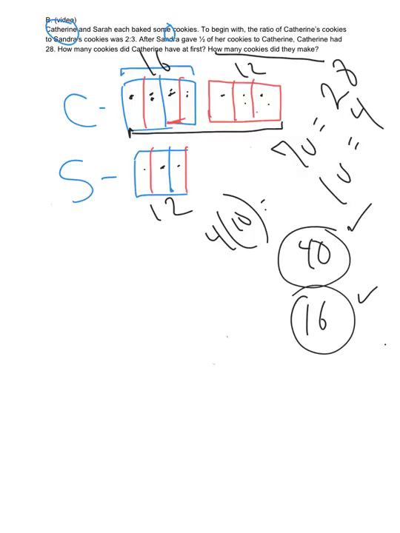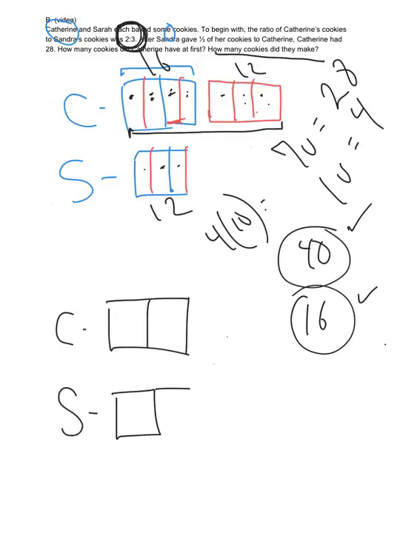That checks out. But let's go back to that very first clue of 2/3. If Catherine originally started with 2 units and Sarah had 3 units.